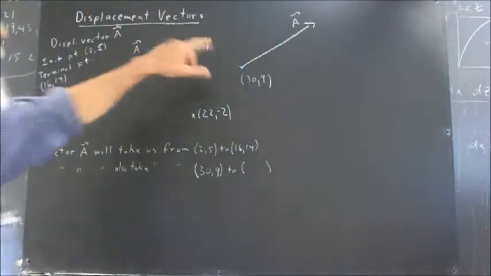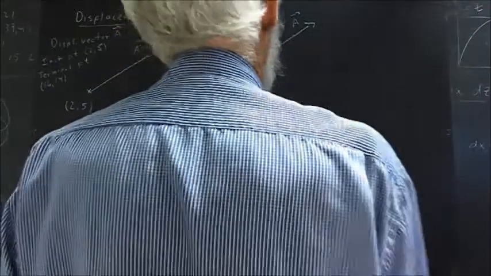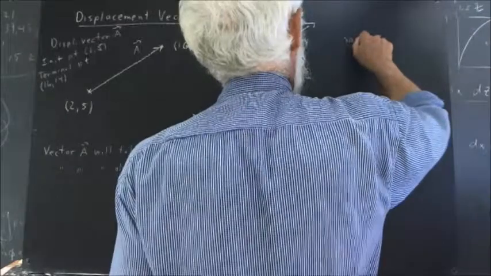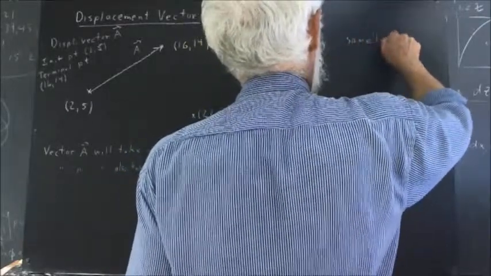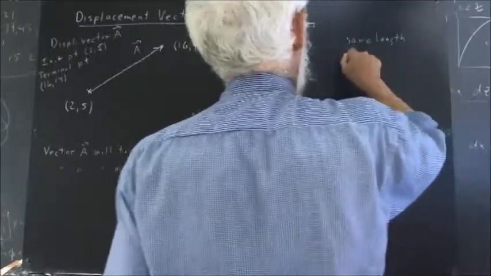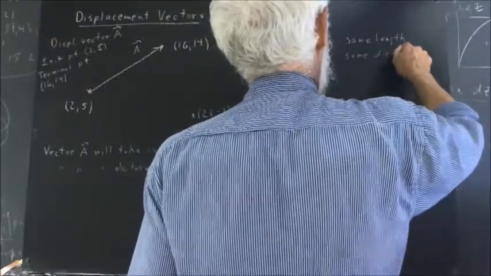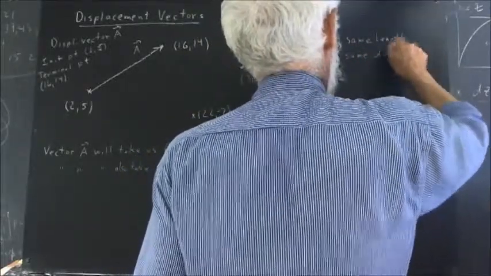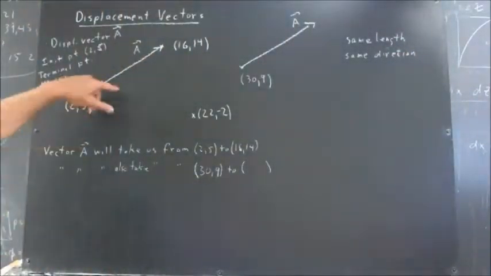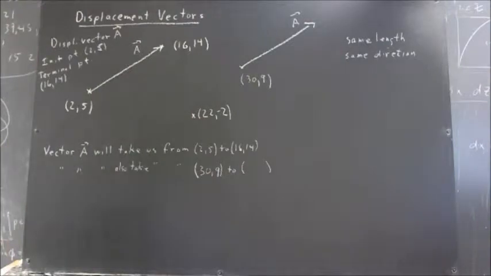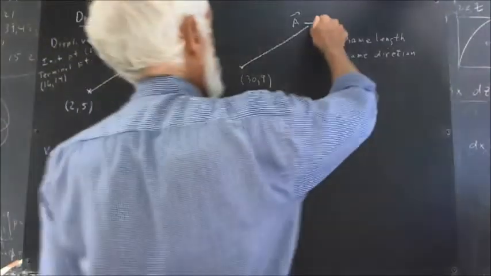So it's got the same length and same direction as here, and that should be implicit. Then at what point do we end up?